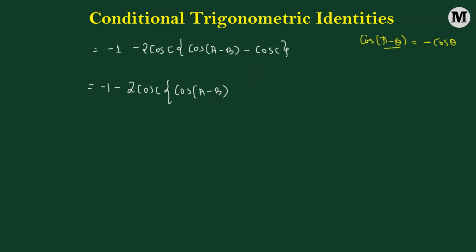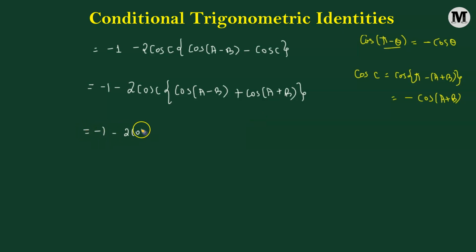Now cosine of C, we can also rewrite as cosine of the angle pi minus (A plus B). Cosine of pi minus some angle theta is negative cosine of that angle, so we have negative cosine of (A plus B). So negative cosine of C means we are going to get positive cosine of (A plus B). Now we have -1 minus 2 cosine of C.